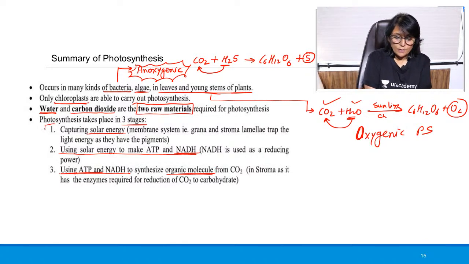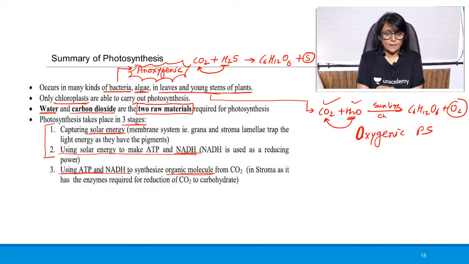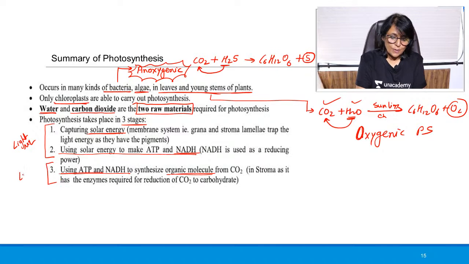Now, for these two, light is essential, light is required, and this can take place in absence of light also. So light is not essential.